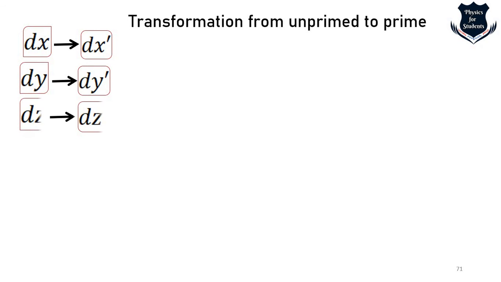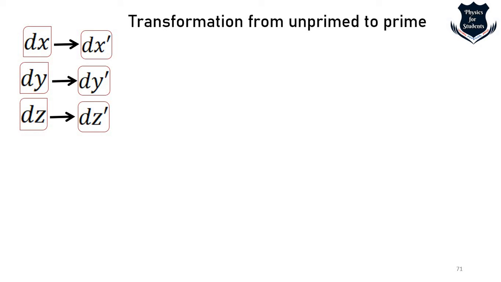Now, transformation from the unprimed to the primed. If there are two coordinate systems in which a linear relationship exists, transformation is quite simple. Why? Because we call the differentials of one system dx to dx prime, dy to dy prime, and dz to dz prime. So just understand that transformation from the unprimed, that is the left hand side, dx, dy and dz, to the primed comes from the rule of partial differentiation.